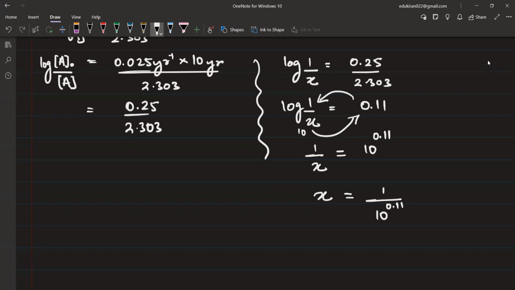As this value 10 to the power 0.11 roughly approximates to 1.2, 1.3, something like that. By the definition of log, so in microgram.